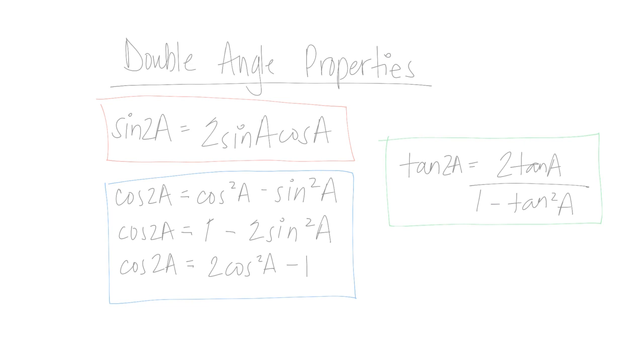So they could have been used for verifying identities, what we did before solving, and then also other types of unit circle problems. All right, so I am going to do one example on the next slide.